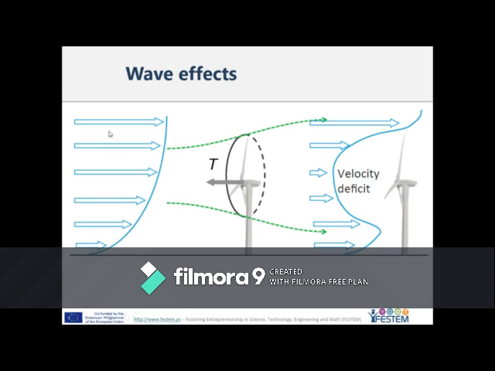If we look at the figure here, we notice that the wind at low altitude is slow. Once we go up, as this is the characteristic of the wind, we start seeing higher speed.